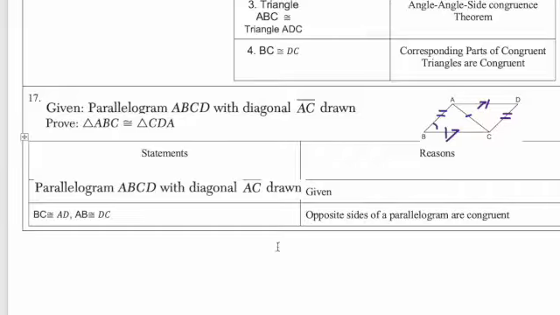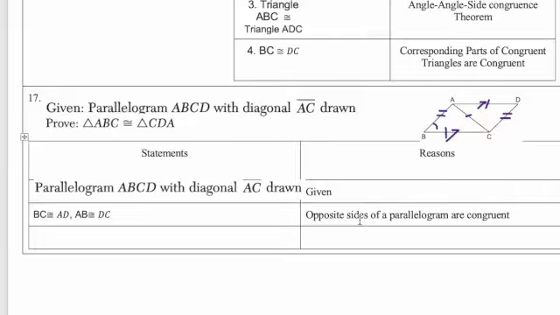Okay, then we can say AC is congruent to CA by reflexive property.